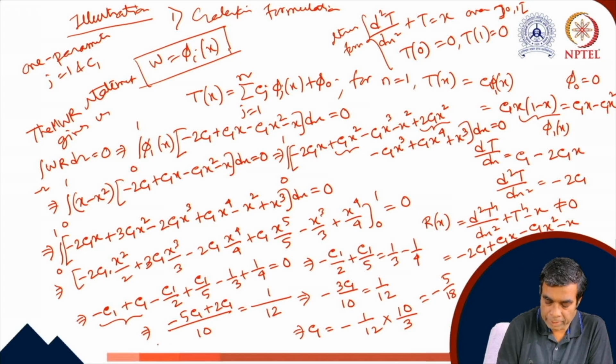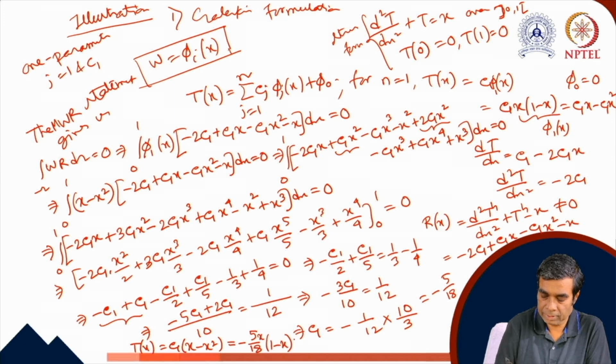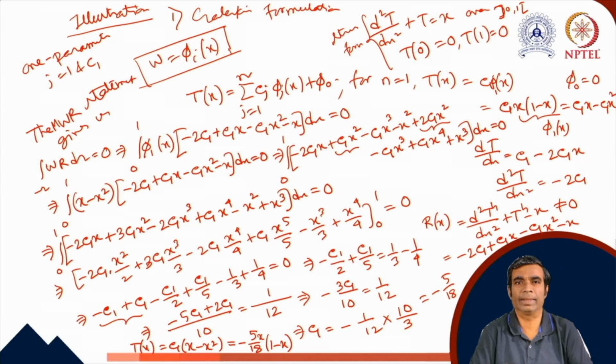So our approximate solution is T(x) equals C1 into (x minus x square), so C1 is minus 5 by 18 x into (1 minus x). Okay, so we got exactly the same value as by using the Rayleigh-Ritz method. The Rayleigh-Ritz method and Galerkin method, for certain cases, provide the same solution for self-adjoint problems. So this is the case of the Galerkin formulation.